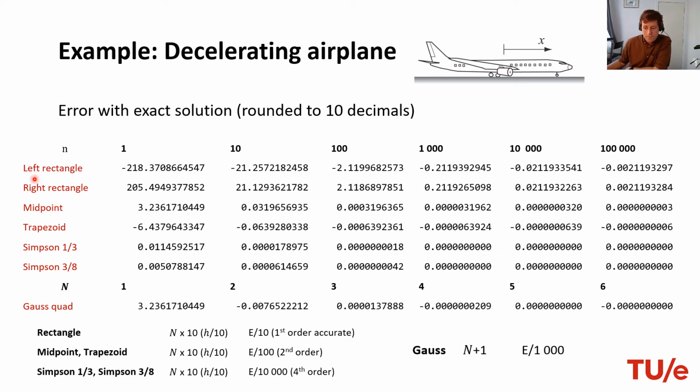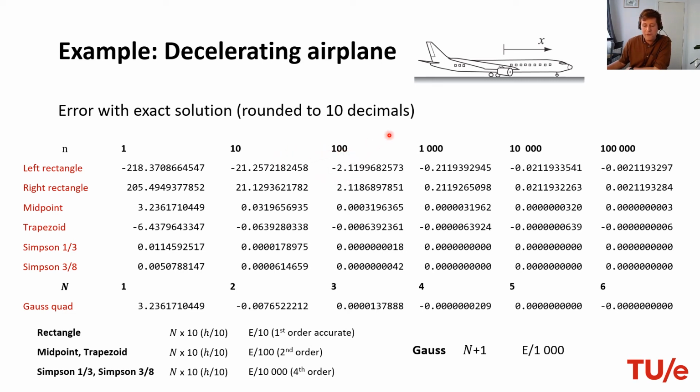Okay, so let's take a look, for instance, at the left rectangle rule. And we see that the standard left rectangle rule has an error of about 200. If we take 10 subintervals, the error is decreased by a factor of 10. If we take 100 subintervals, the error is again decreased by a factor of 10.